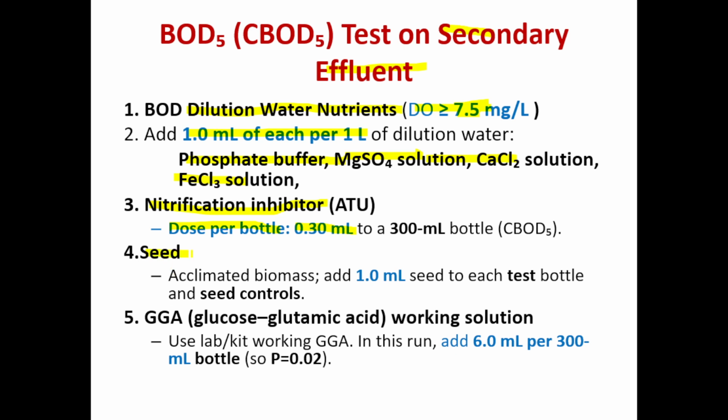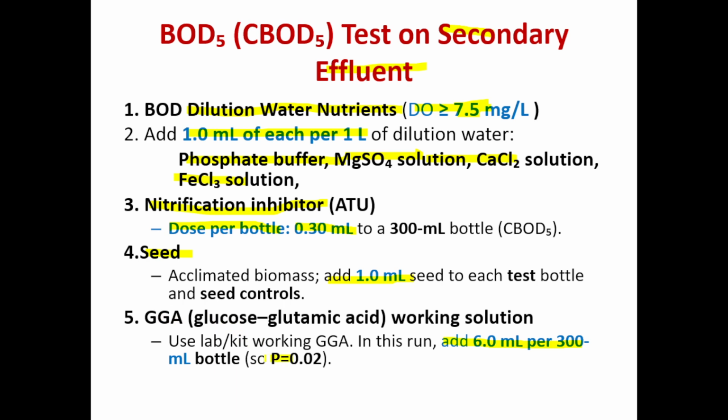Now we will add seed, acclimated biomass: add 1 ml seed to each test bottle and seed control. For the glucose glutamic acid working solution, in this run we need to add 3 ml per 300 ml bottle, and we need to calculate a BOD of this solution also.